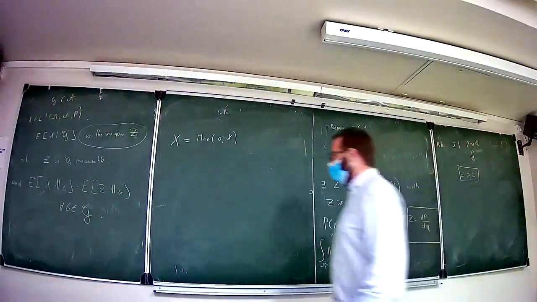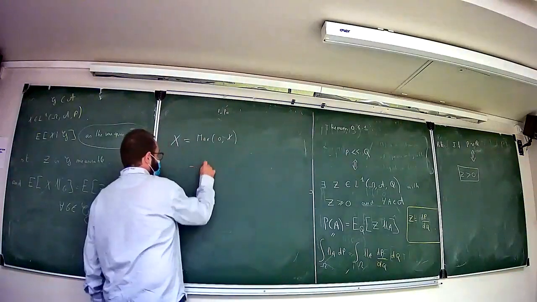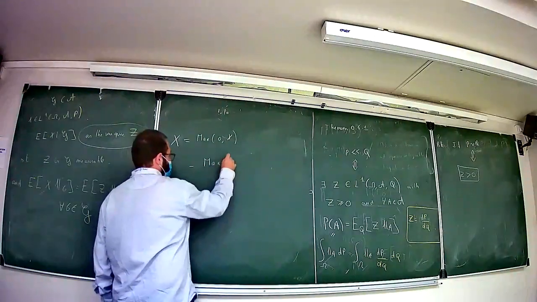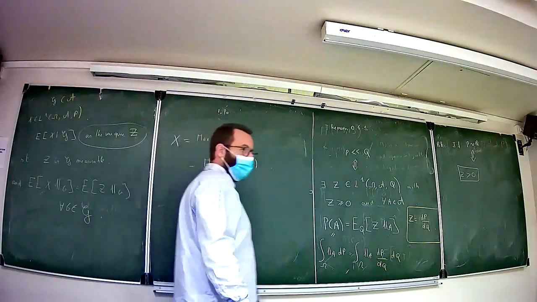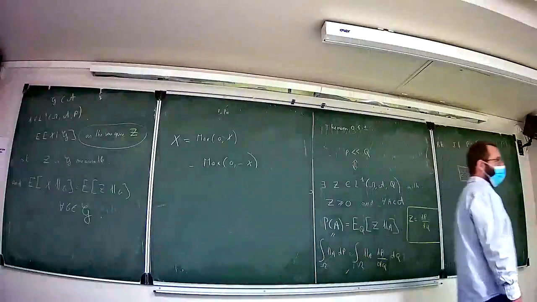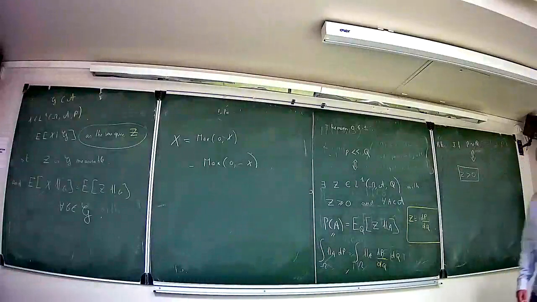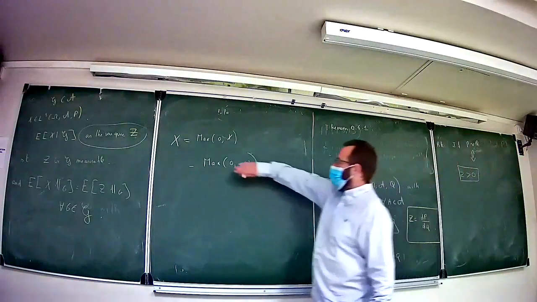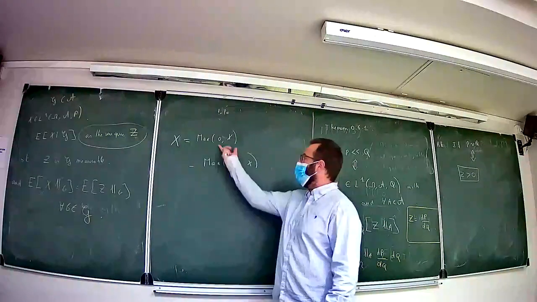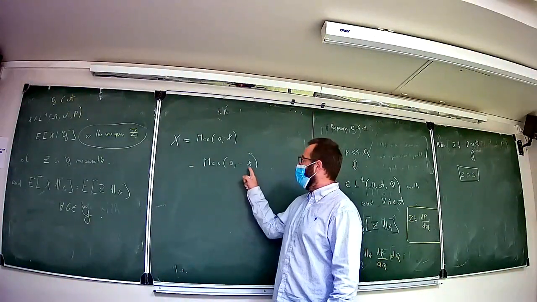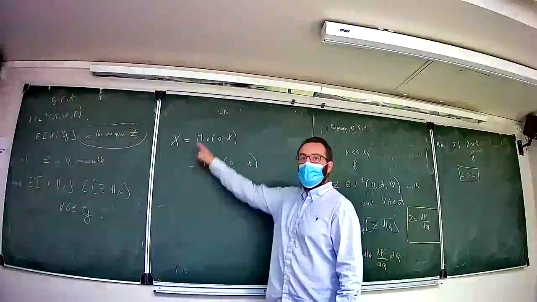But minus the maximum between 0 and minus x. If x is positive, this one is 0 and the max is x. And when x is negative, this one is 0 and this one is minus x minus, so I have x.